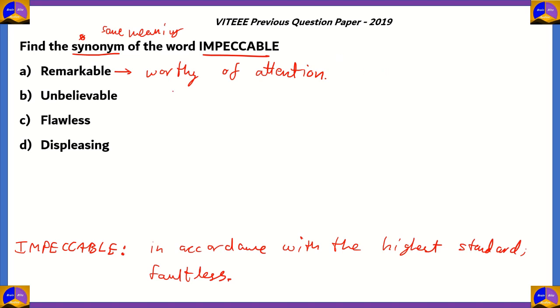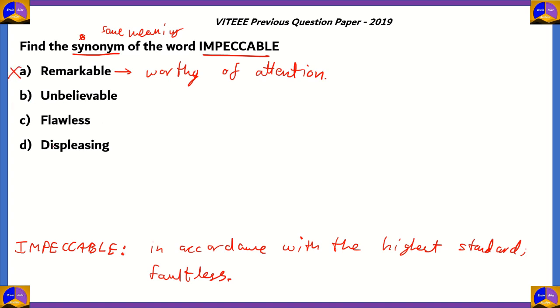It's worthy of attention. But worthy of attention does not mean the same thing as in accordance with the highest standard. You can be worthy of attention even if your brain is abysmal. So therefore, even if something wrong happens, it will be worthy of attention. So therefore, option A is incorrect.